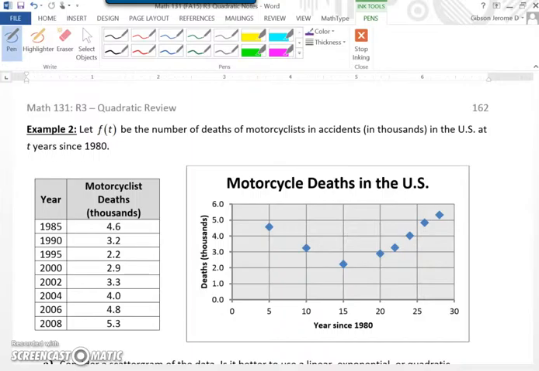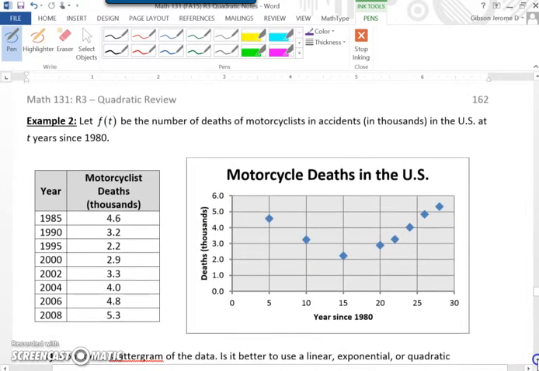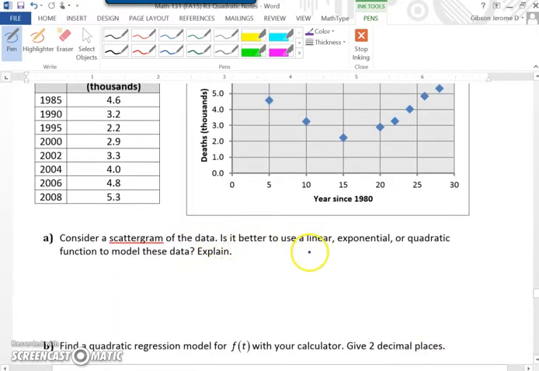Now example 2, it says here, let F of t be the number of deaths of motorcyclists in accidents in thousands in the U.S. at t years since 1980. Okay, now we look at this graph here. This graph looks somewhat like a parabola. So we know this graph is quadratic.